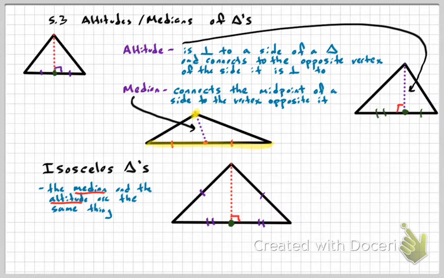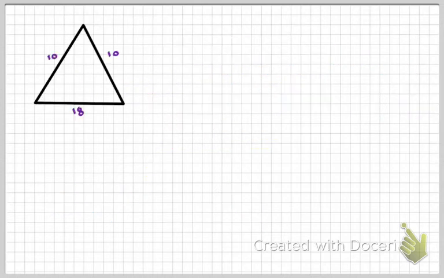Now, most of what we talk about today is going to be focused on medians, but before we do that, I just want to review some small things regarding isosceles triangles. So as I look at this isosceles triangle, I know it's isosceles because we have 10 and 10.